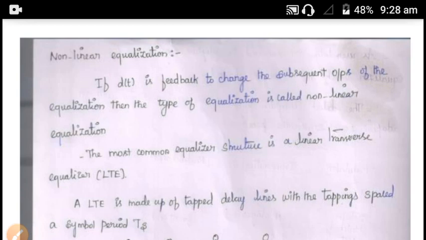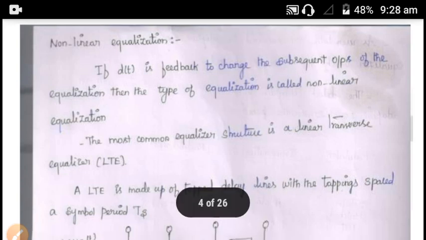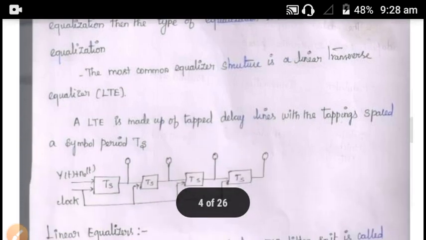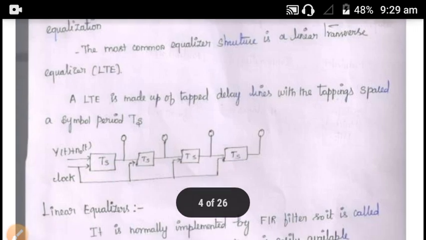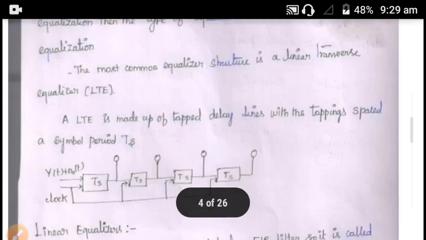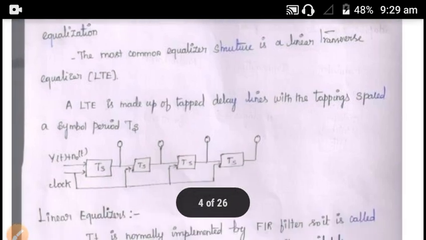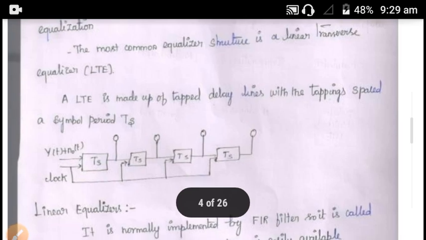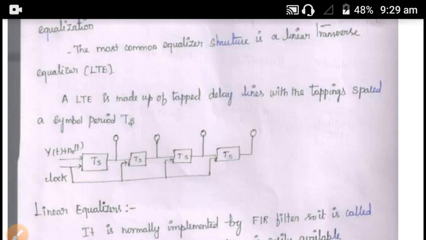The most common equalization method that we use is the linear transversal equalizer. It is made up of tapped delay lines with the taps spaced at the symbol period Ts. So here it is given, the linear transversal equalizer.